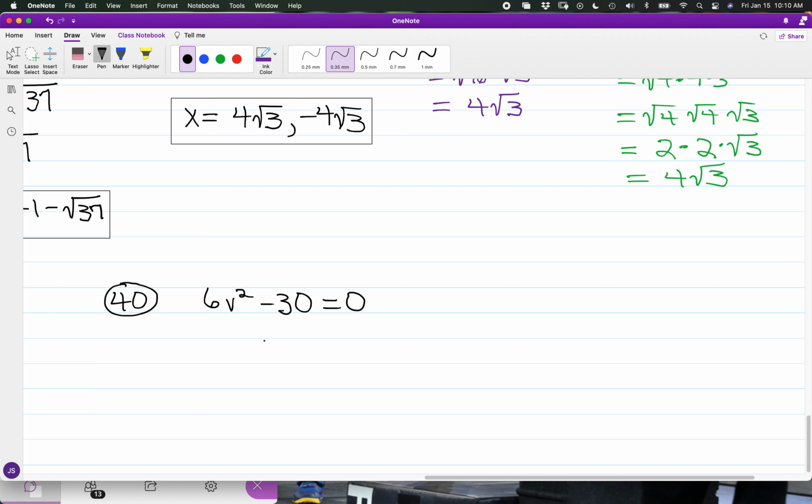Now for 6v squared minus 30 is equal to 0, let's say I just go ahead and isolate the v squared term by adding 30 to both sides. This is one approach, not the only approach, just one pathway.